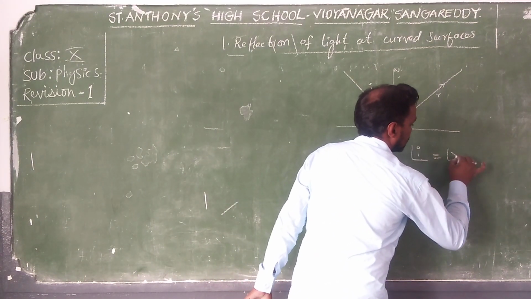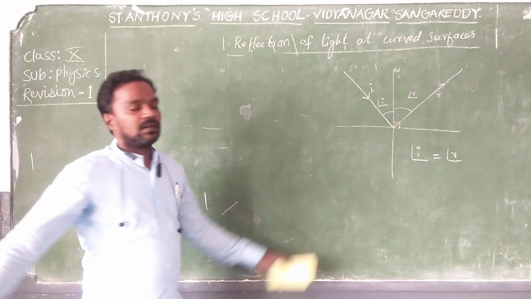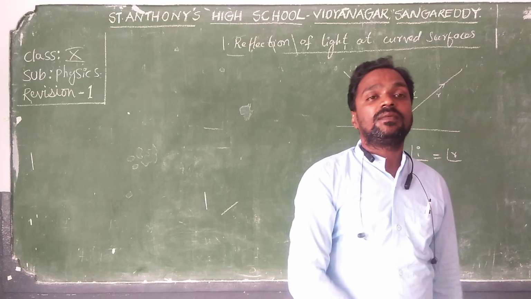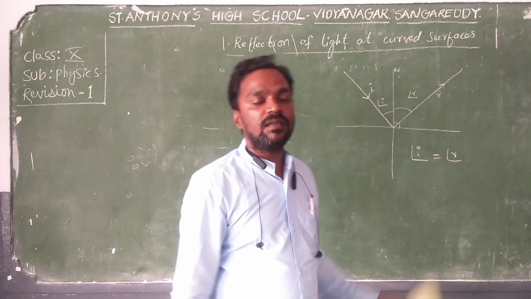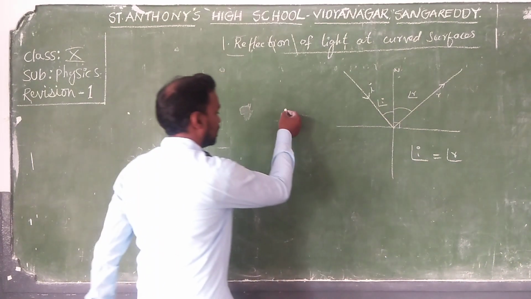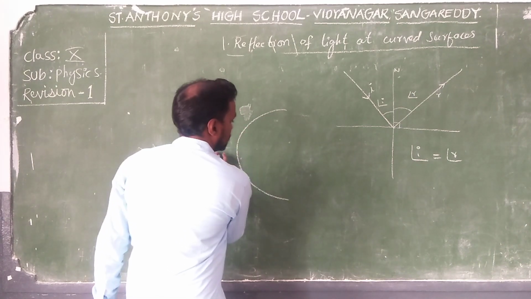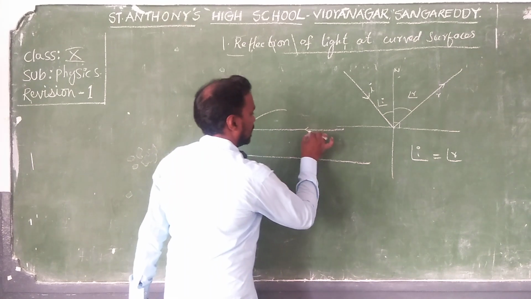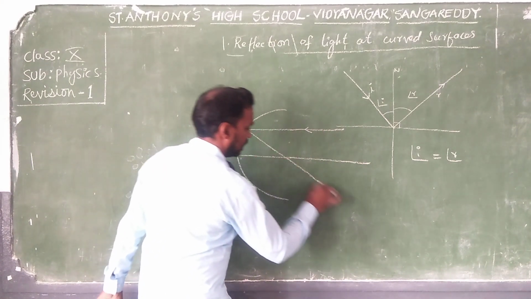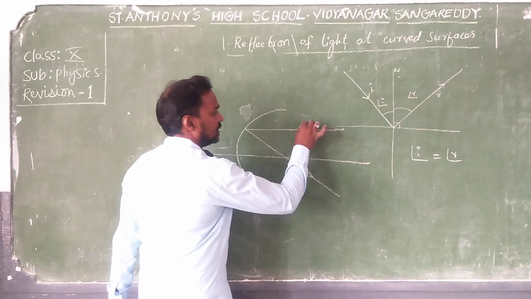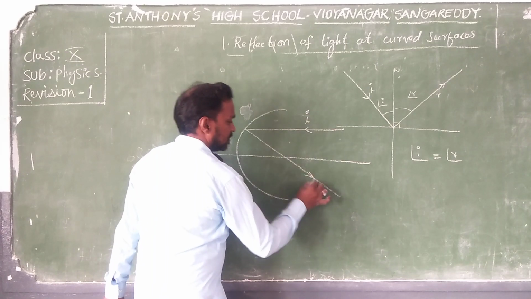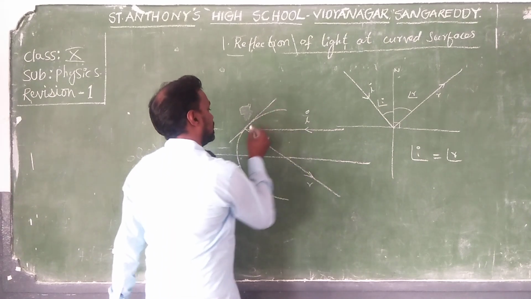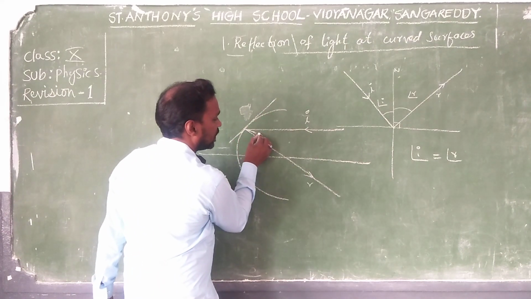That is the plane mirror. Is this happening with spherical mirrors also? Yes, that is happening, which we have seen by looking at the diagram. One ray is coming parallel. After hitting here, it will travel. This is the reflected ray, this is the incident ray, and this is the normal. How do we draw the normal? You draw a tangent, and to the tangent you draw a perpendicular.